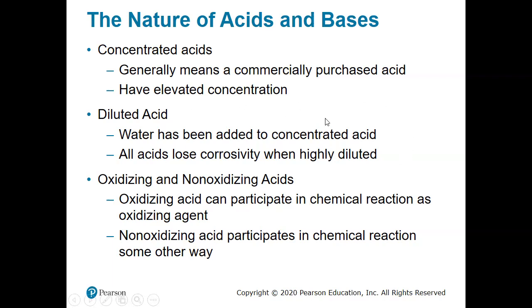That's when we add water to that concentrated acid. And as you might expect, diluting that acid is going to help with its corrosive nature. The more we dilute it, the less corrosive it's going to be, the less chemical action it's going to be capable of doing in high quantity.